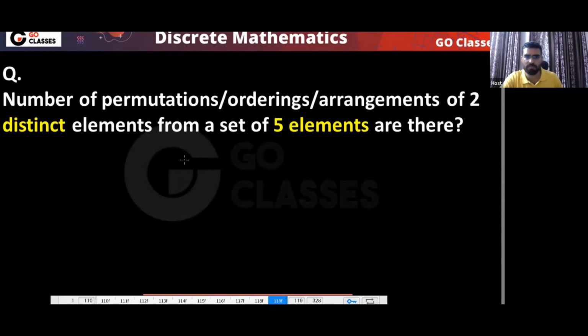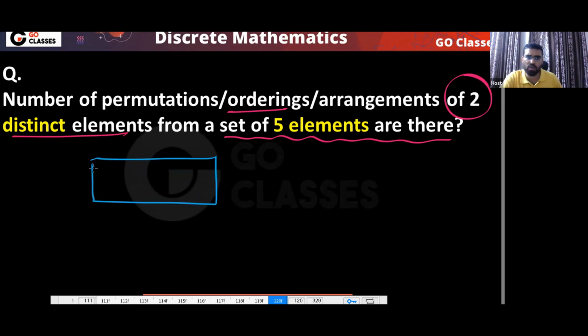Let's solve this question. How many orderings of 2 elements from 5 elements? You only want ordering of 2 elements.